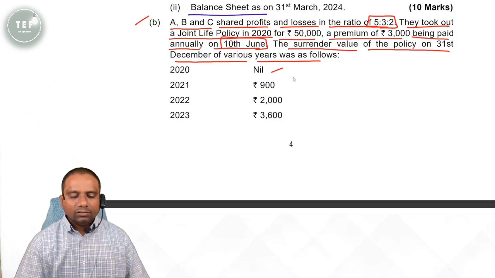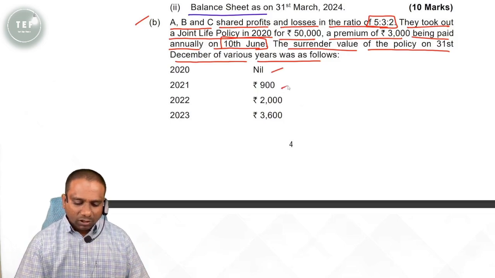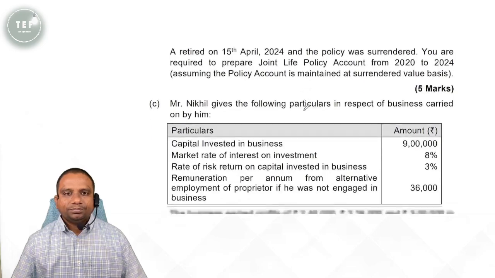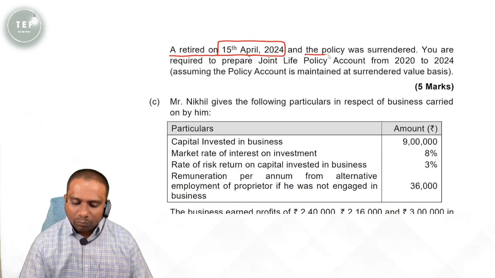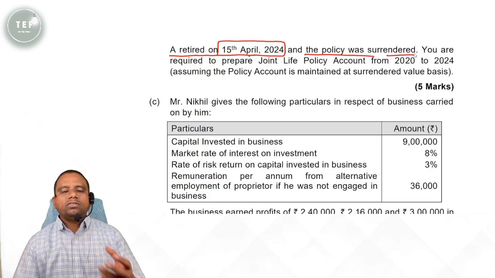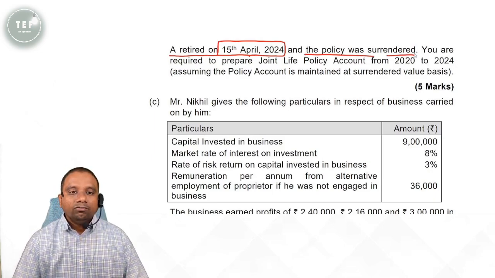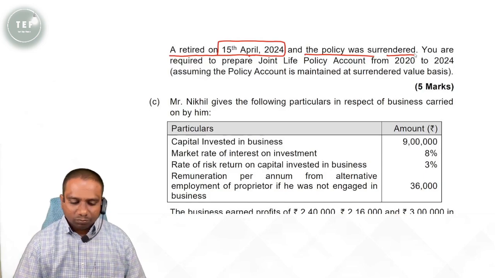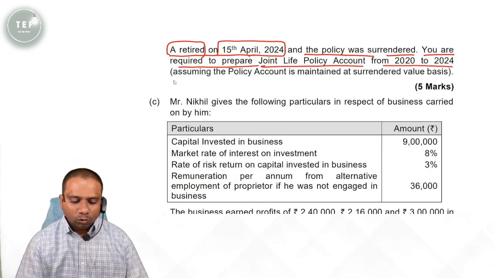Generally in the year of first premium payment it is nil, then 21, 22, 23. A retired on 15th April 2024 and the policy was surrendered. In case of retirement, generally we surrender the policy, but in case of death, we get the full policy amount. You are required to prepare the joint life policy account from 2020 to 2024.